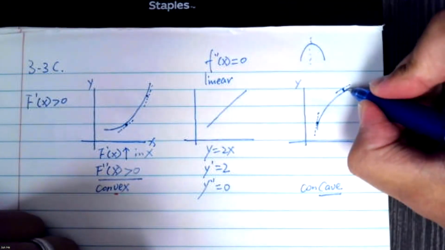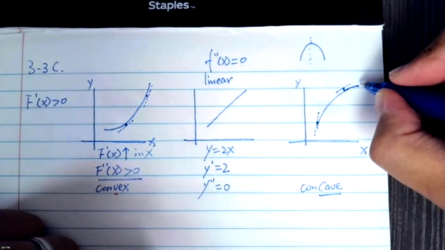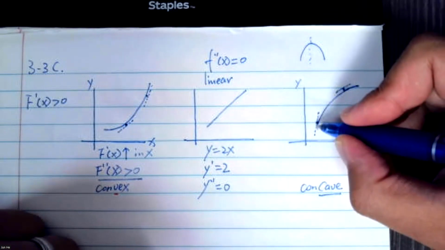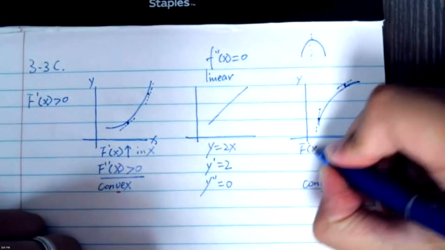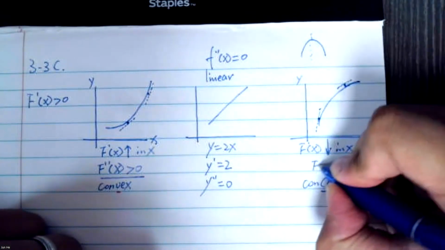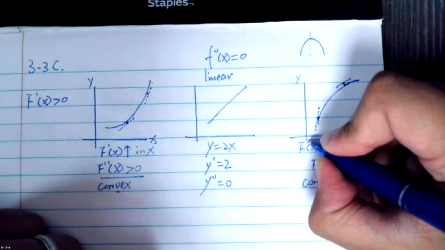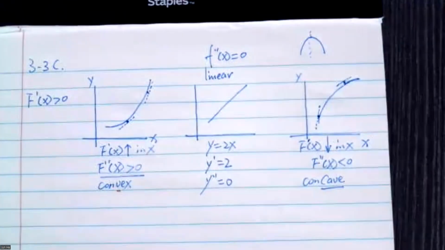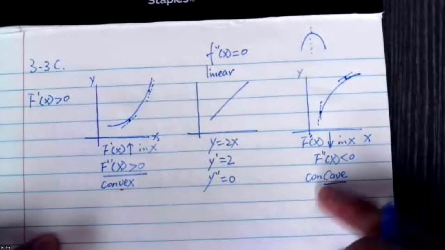Say if eventually we're heading here, it's almost not increasing anymore, right? So in this case, f prime x decreases in x. That is to say, f double prime x is smaller than 0. Okay, so this is the concave case.